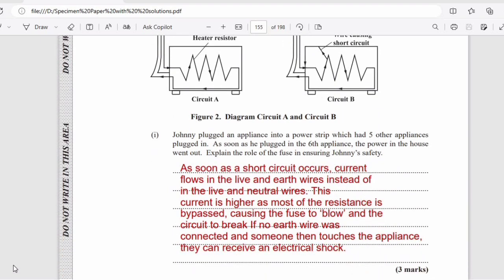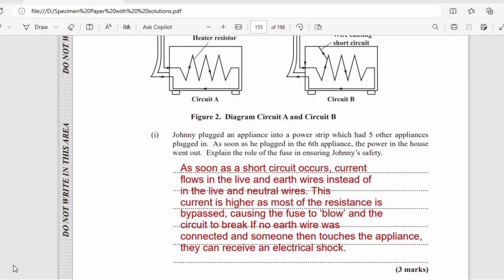As soon as a short circuit occurs, guys, current flows in the live and earth wires instead of the live and neutral wires. This current is higher as most of the resistance is bypassed. This causes the fuse to blow and the circuit to break. If no earth wire was connected and someone touches the appliance, they can receive an electric shock.